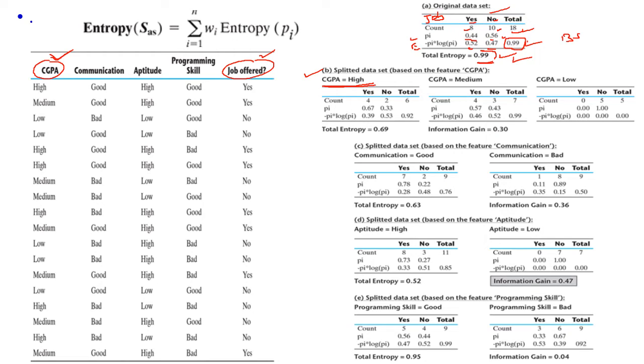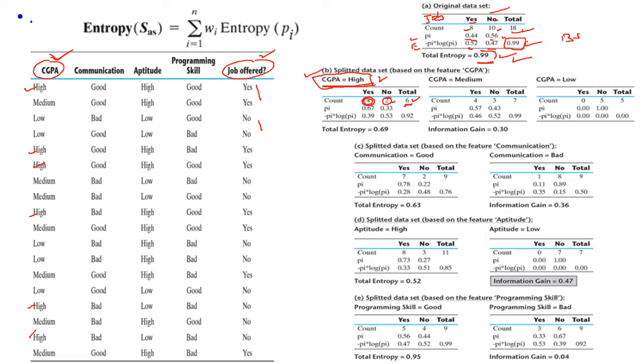How many records have CGPA high? Total 6: 1, 2, 3, 4, 5, 6. Under these 6, how many records fall under job offer yes, and how many under no? Here 4 records are under yes and 2 records are under no with CGPA high.